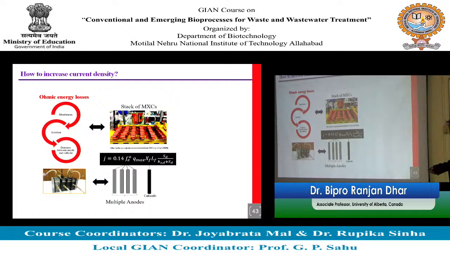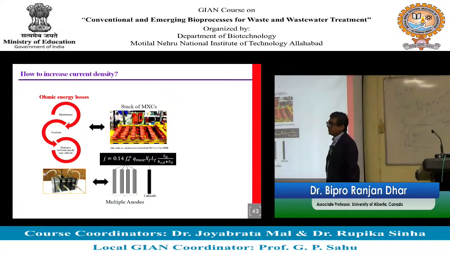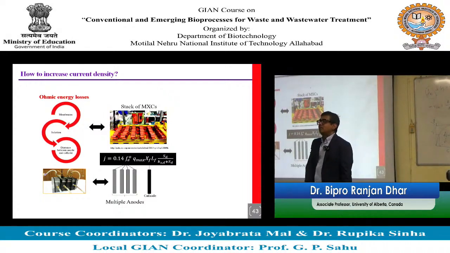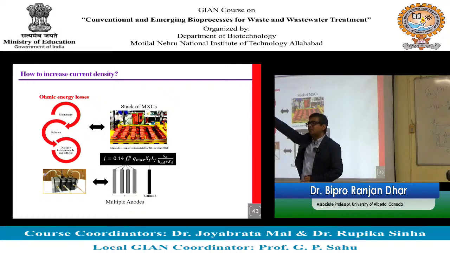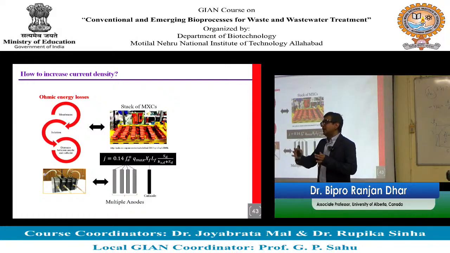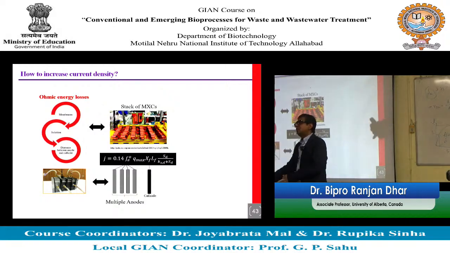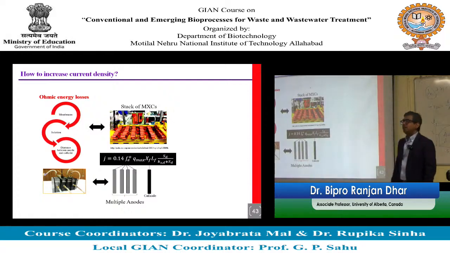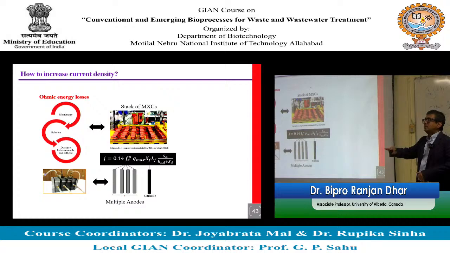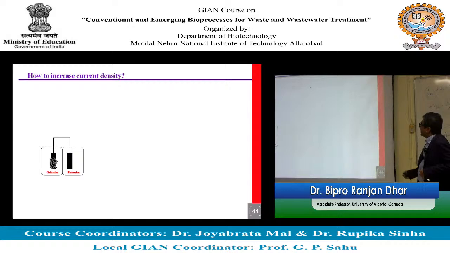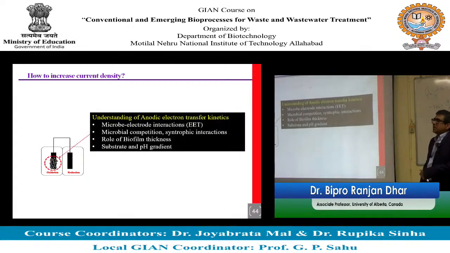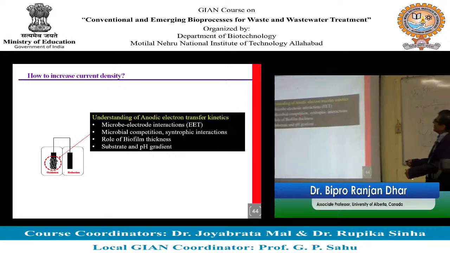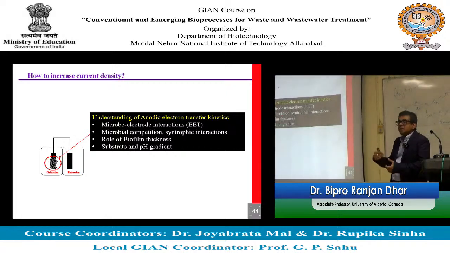For example, even during my PhD I did a study with 4 electrodes, and what I found is that with 4 electrodes you don't linearly increase the performance, and the 4 electrodes had different microbial communities and different kinetic features. So it's quite challenging to achieve. Putting 4 electrodes is not going to give you 4 times the performance. So we still have to do a lot in terms of design and in terms of fundamentals as well. For example, we have to better learn how that EET thing works.